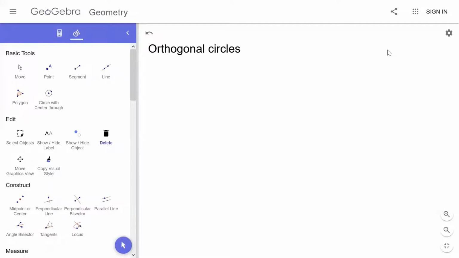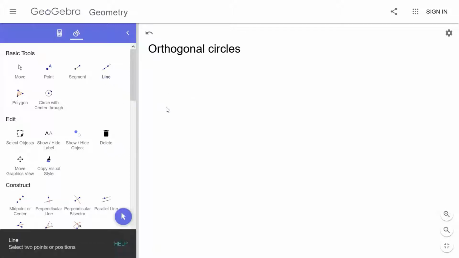In this video, we will study the notion of orthogonal circles. In geometry, the word orthogonal is used interchangeably with another word, perpendicular, which is a well-known positional relation between two lines.